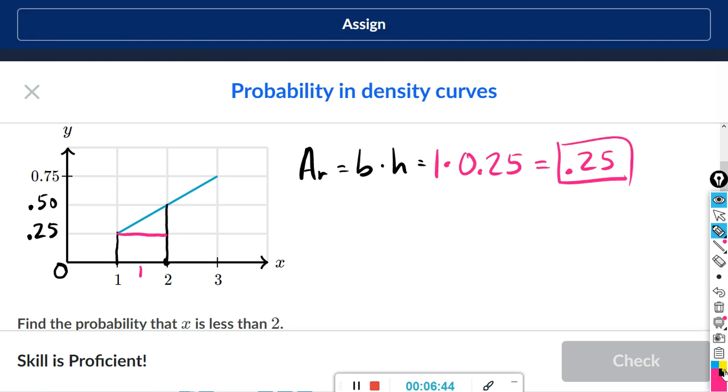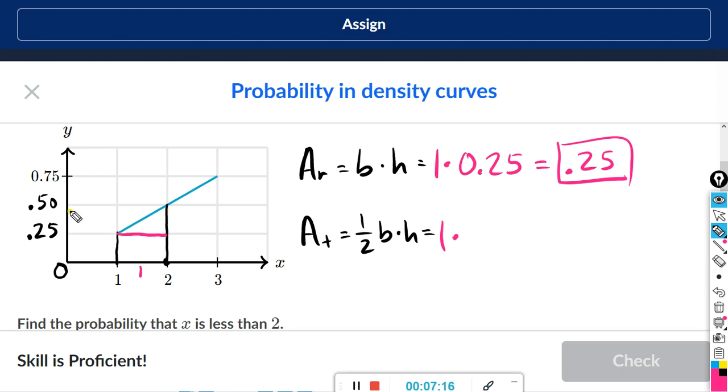And now we also need the triangle. All right, the area of a triangle is 1/2 base times height. All right, we can see the base and the height for the triangle are the same as the rectangle. So the base of this triangle here goes from 1 to 2. It's just 1. And the height of this triangle goes from 0.25 to 0.50.